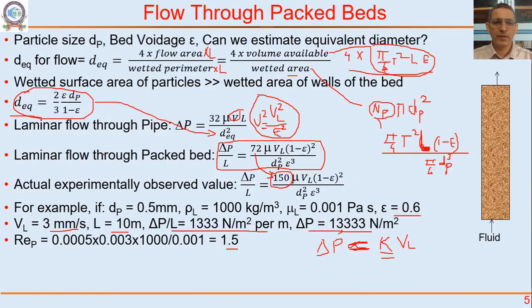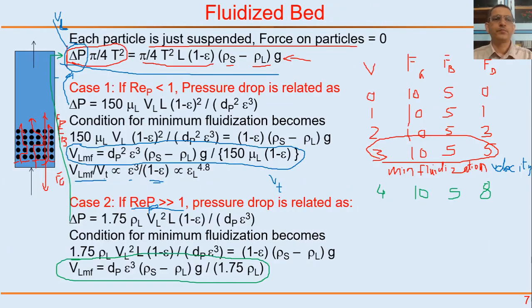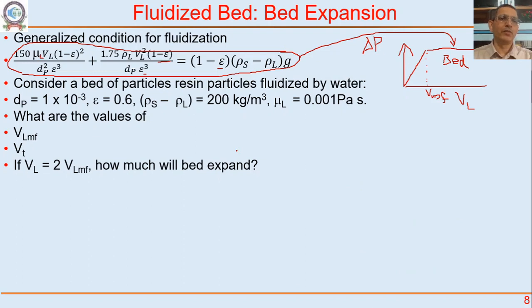Anyway, there is no viscosity of the solid particle, so mu is of the fluid. What is the value of VLMF? How do we get VLMF? We get it from this expression.